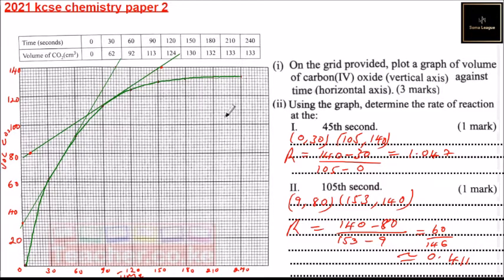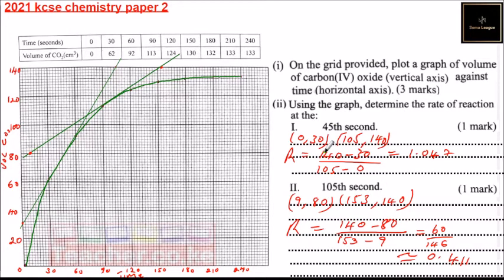So that is how you work it out. The figures may not be close, but if you do it manually, maybe you can get a more accurate value. But that's the procedure to go about this question.